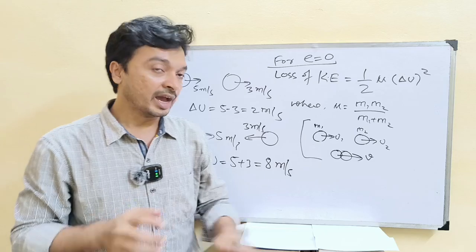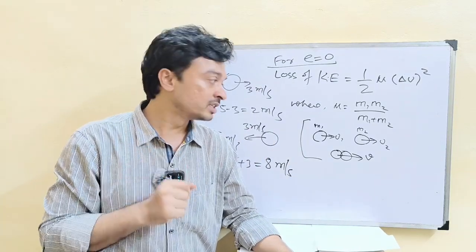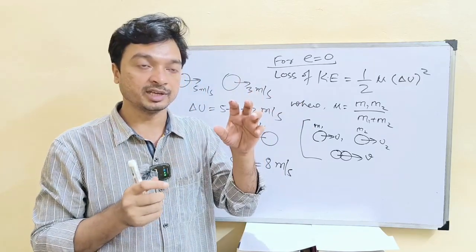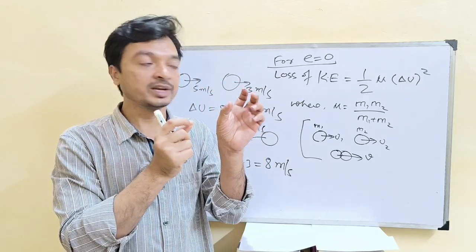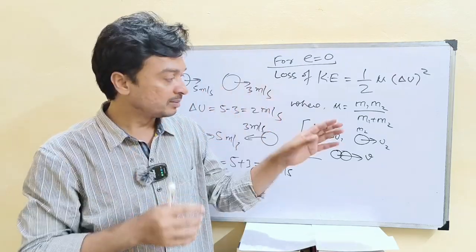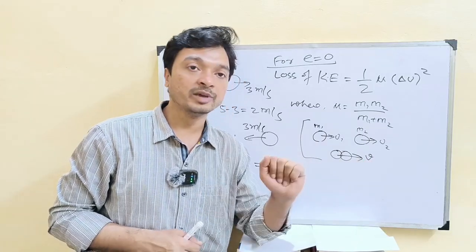In higher studies, or if you are a class 12th student, you will see that if you connect two charged capacitors, one capacitor at potential V1 and another at potential V2, then after some time both capacitors will have the same potential, like the same common velocity, right?